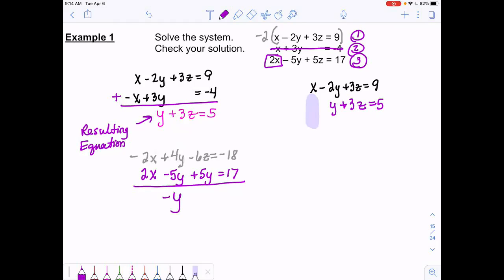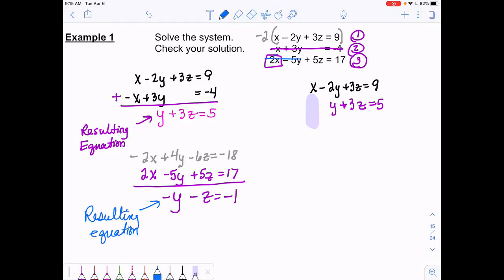-y minus z. Yeah, this is my fault here. Equals -1. So again, this is my second resulting equation. I'm going to take that result and I'm going to place it underneath.